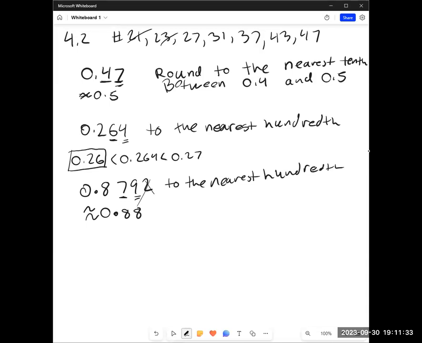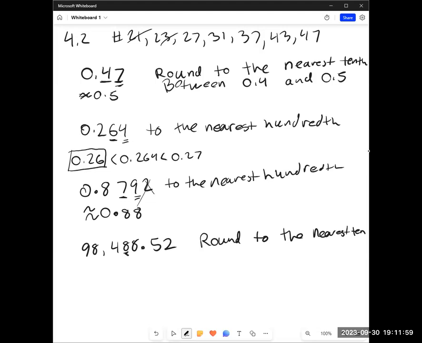The next one, we have 98,488 and 52 hundredths. We want to round to the nearest 10. Not tenth, 10.